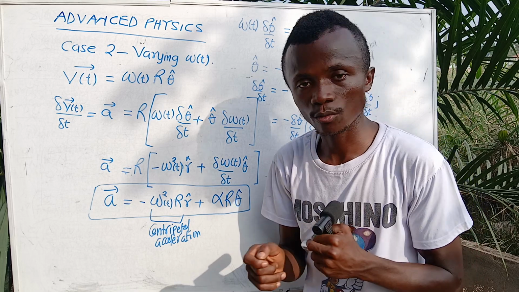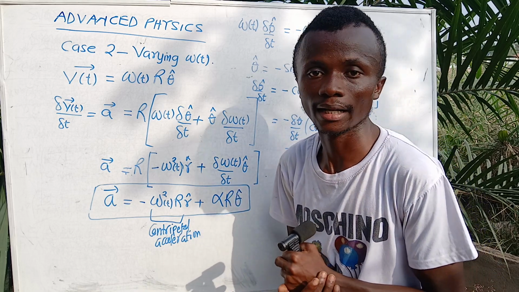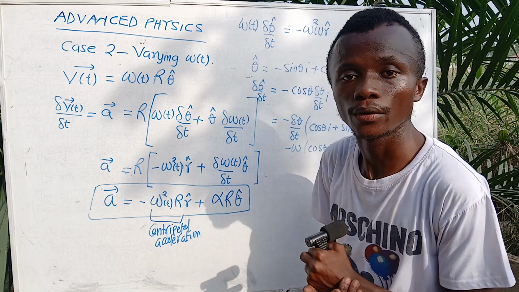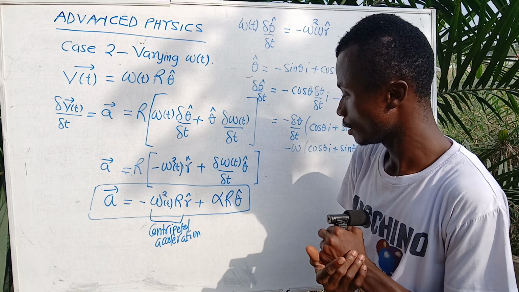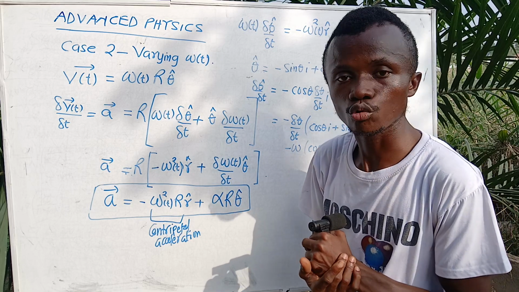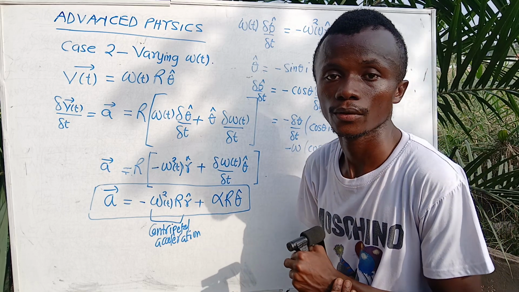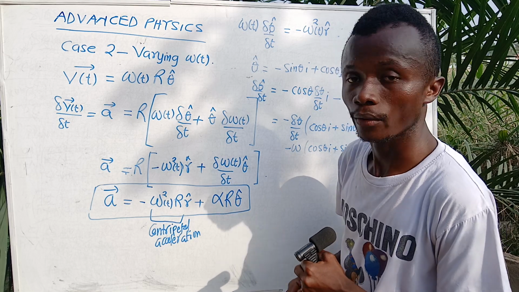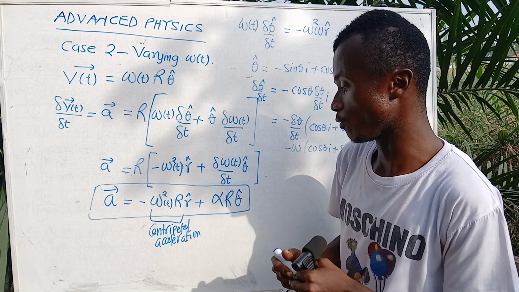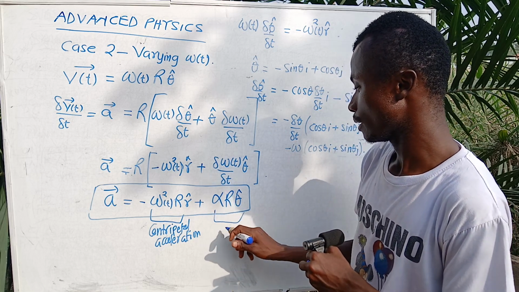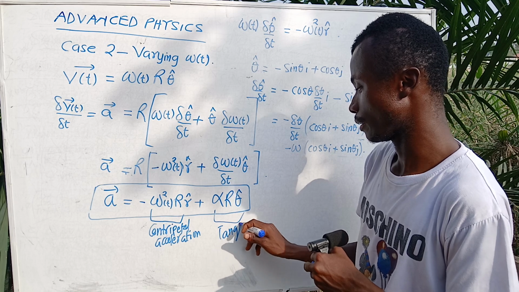It only appears when omega is not a constant. Otherwise, this derivative will be 0. That was case 1. But in case 2, alpha is not 0. And multiplying that by r in the direction theta roof, we call it a tangential acceleration.